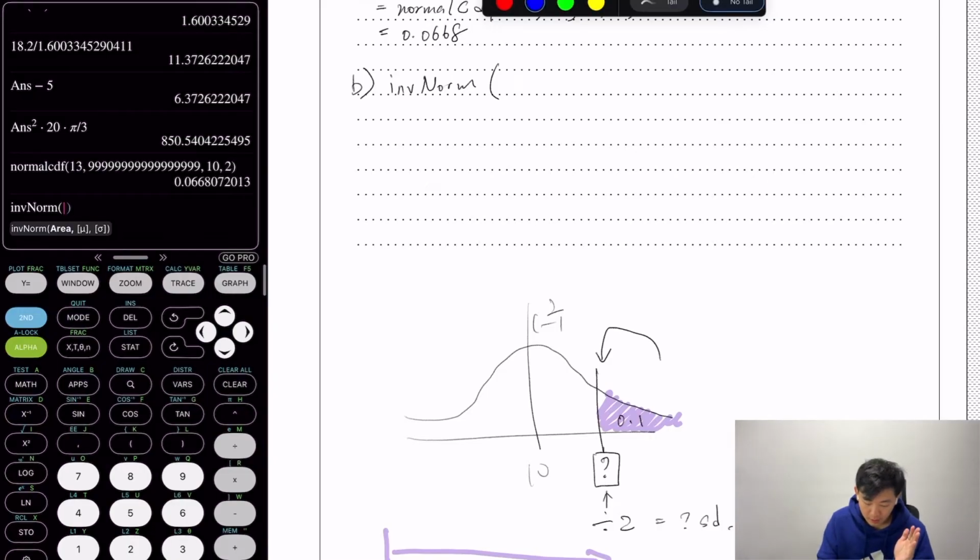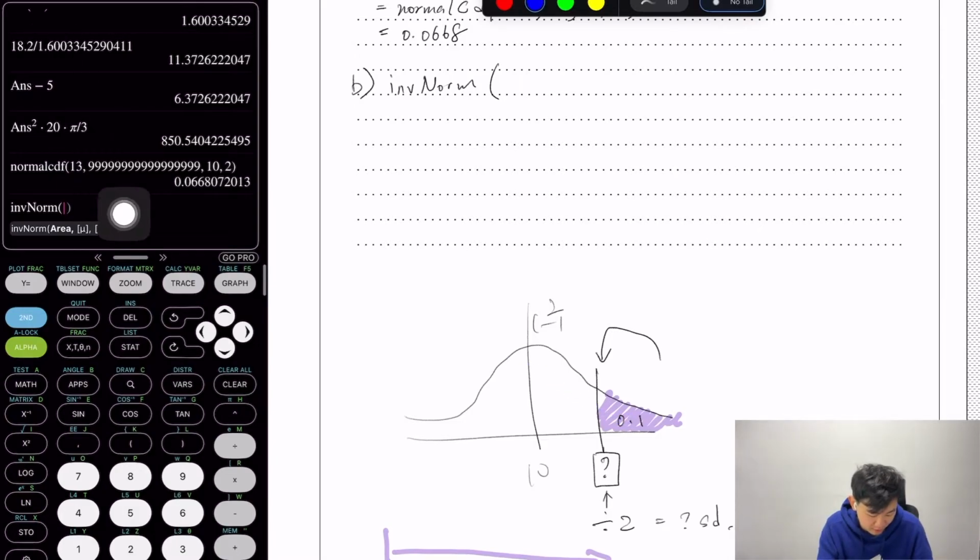Because above that particular point by 0.1 as the area, it's equivalent to less than that point by 0.9, right? Because it's the right and left concept, okay? So if you have the left tail or right tail kind of calculator, you can directly choose 0.1 and then choose the right tail, okay?